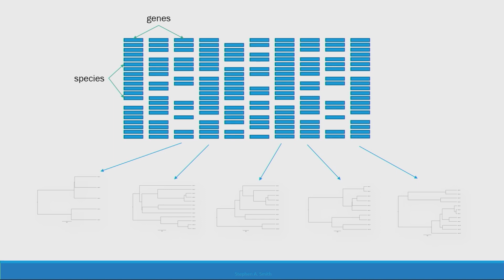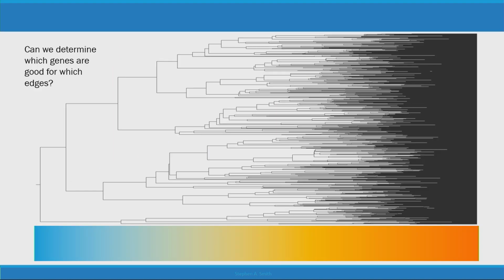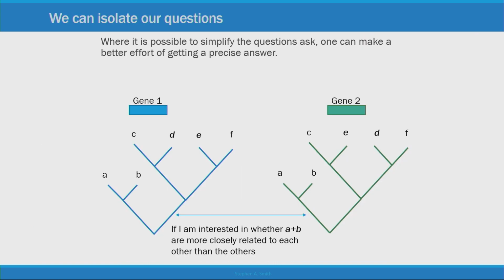So one question is, can we take this kind of analysis and figure out which genes are supporting those blue areas? Which ones have the kind of data that we need to answer our particular question? Because if we could do that, then we could try to answer what those deep nodes in the tree are.